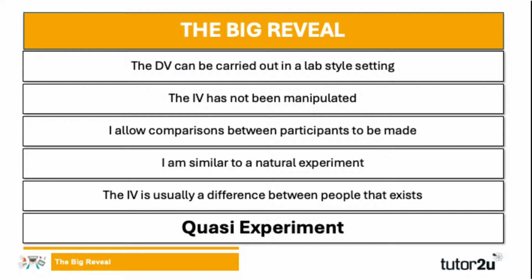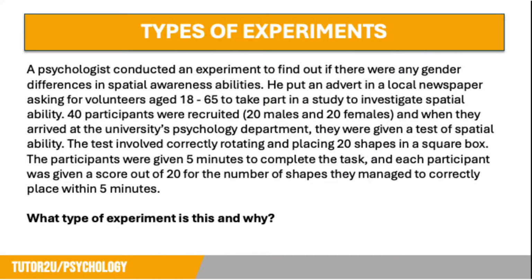So we're going to stick with the theme of these research methods, these experiments now. I'm going to show you some types of experiments. I'm going to read this out in a minute, and your job is to tell me what type of experiment this is, and most importantly, why. A psychologist conducted an experiment to find out if there are any gender differences in spatial awareness abilities. He put an advert in a local newspaper asking for volunteers aged 18 to 65 to take part in a study to investigate spatial ability.